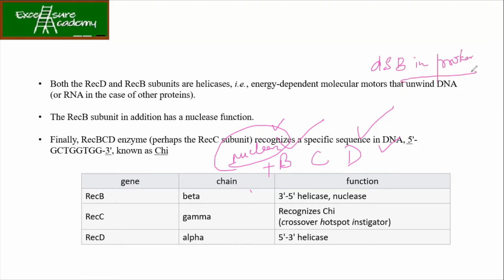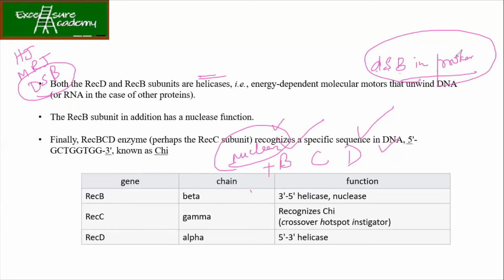If you remember in the previous lecture, we discussed the Holliday junction, the Meselson and Radding model, and then the double strand break model. So how it happens in prokaryotes is called the RecBCD pathway. Clear? From the previous lecture to this lecture, are you able to relate? Yes? Okay. So the RecBCD pathway is meant to repair double strand breaks in prokaryotes.